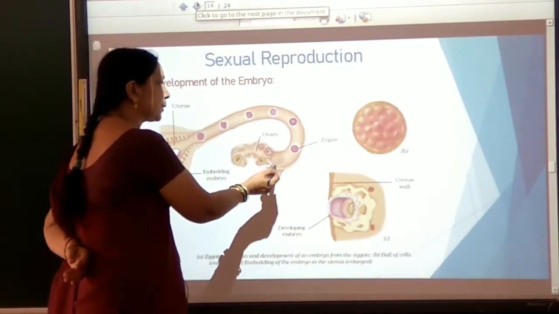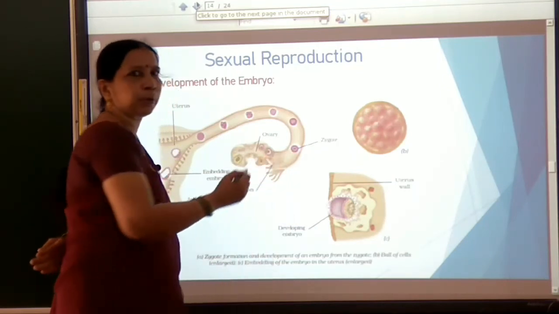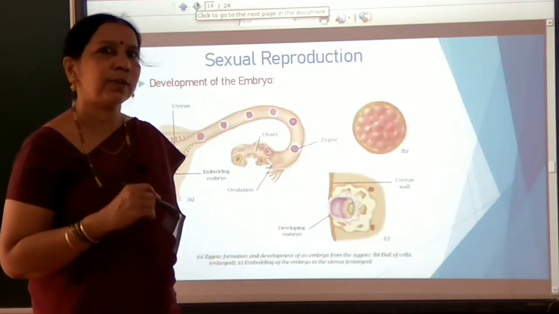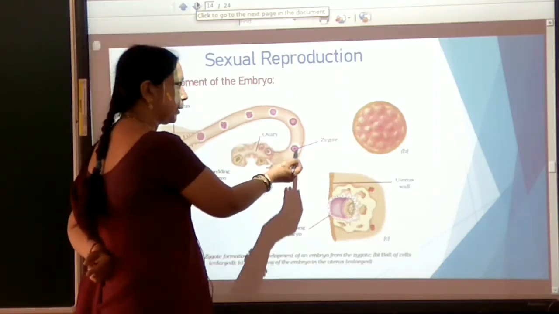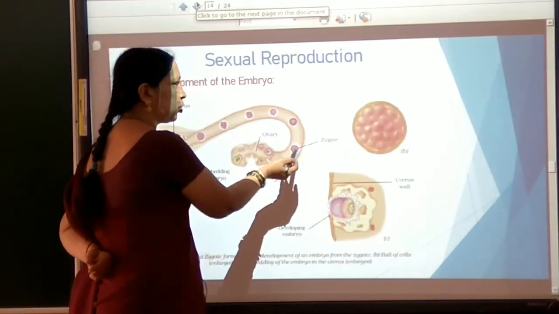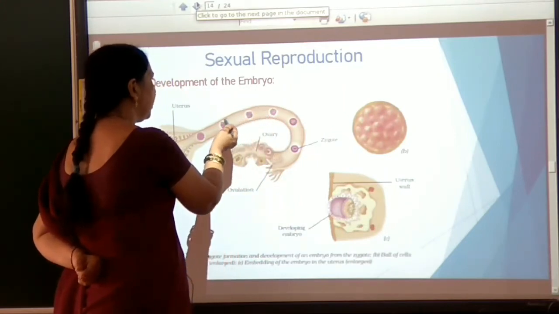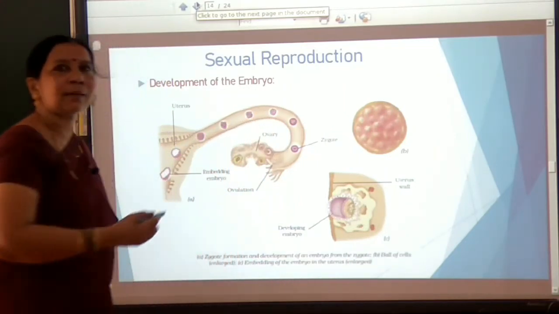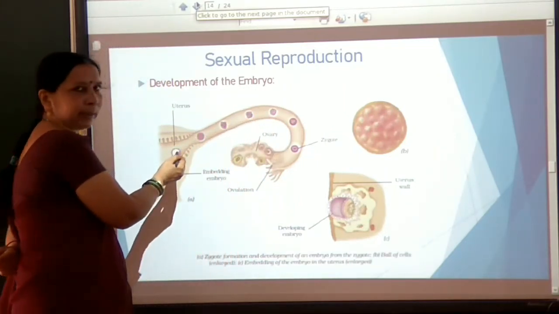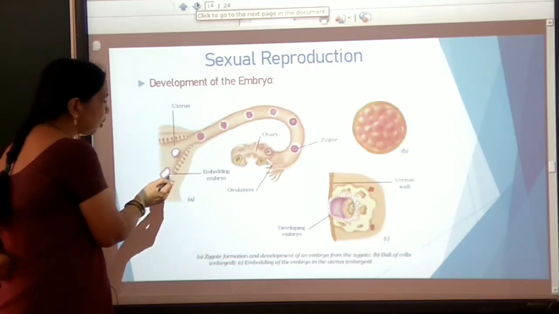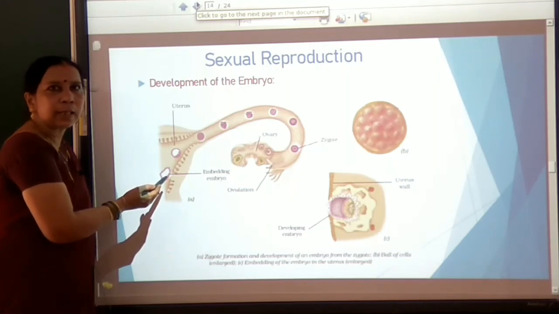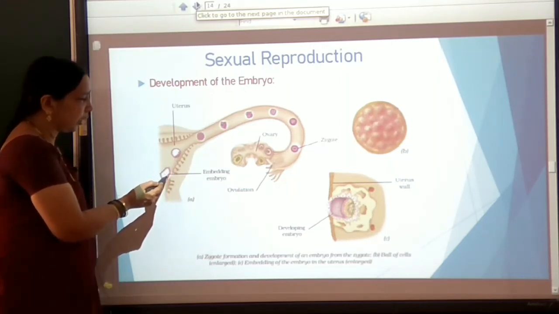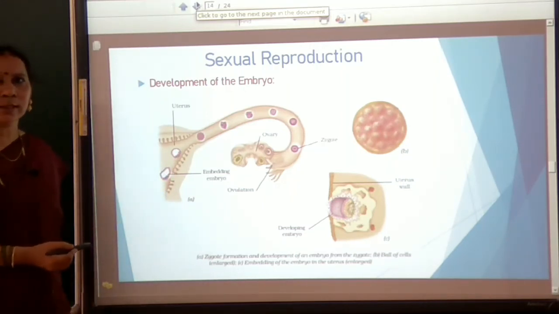If this matured egg gets fertilized with the sperm, a zygote is produced. The zygote travels into the uterus and gets attached to the wall of the uterus.